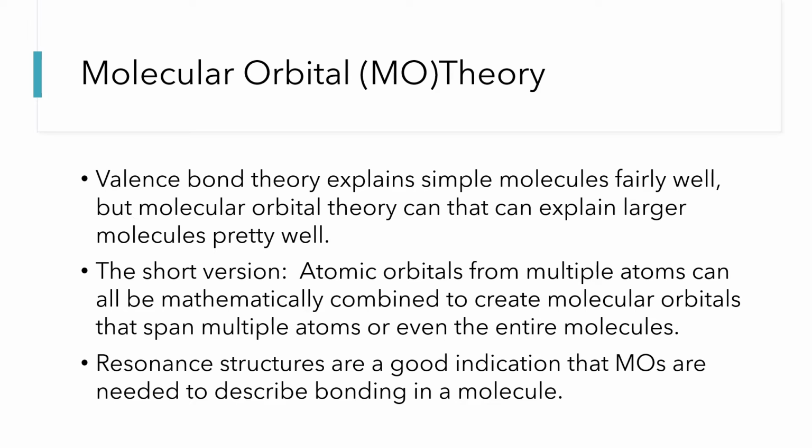We can combine those atomic orbitals from as many atoms as we have in the molecule. And so we'll mathematically combine them, like that process of taking linear combinations, and the resulting molecular orbitals will span the entire molecule in some cases.